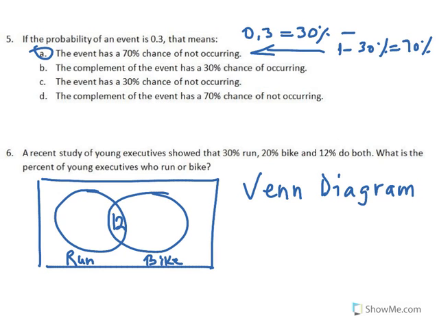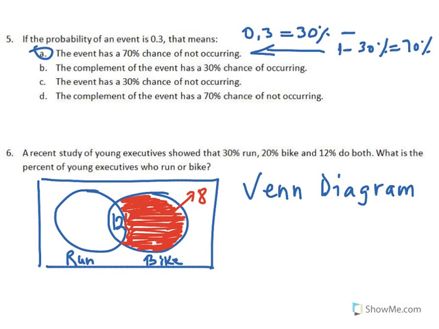Okay? Now let's just understand this a little bit. If the 20% who bike are there, and the 12% who do both, what is the percentage of that crescent here? Is that going to be 8?